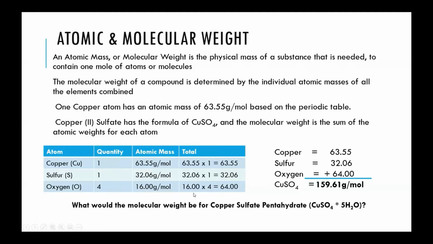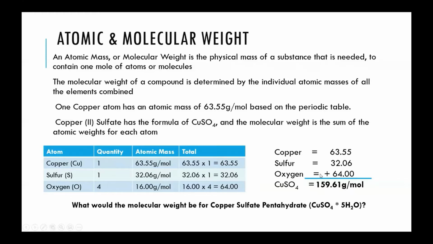So when you multiply these together, overall in the compound of copper sulfate, there's 63.55 grams per mole of copper, 32.06 grams per mole of sulfur, and 64.00 grams per mole of oxygen. When you add all of these together, this is the molecular weight of copper sulfate at 159.61 grams per mole.